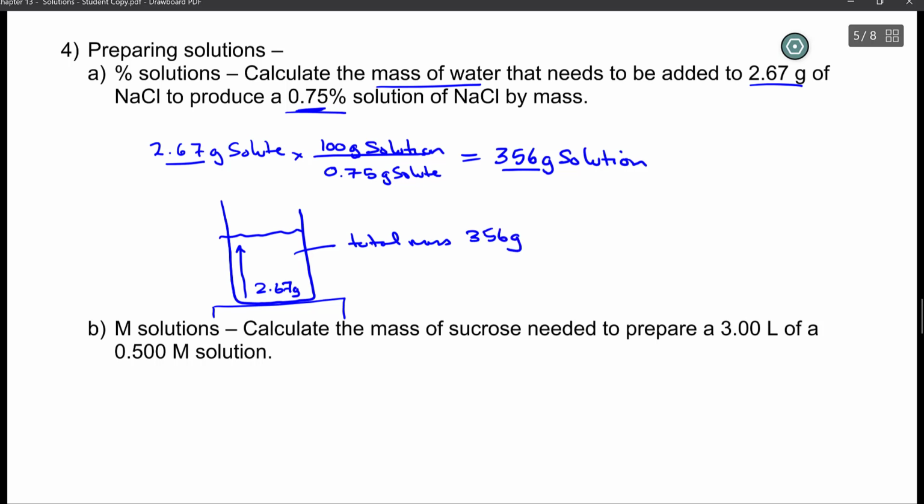So you won't actually, when you make the solution, go through the process of measuring the water out. You just know what the total mass is supposed to be. So you add the solid to the beaker, you put it on a balance, and then you just add till the total mass that's in the beaker is 356 grams, and that'll give you the 0.75% solution.